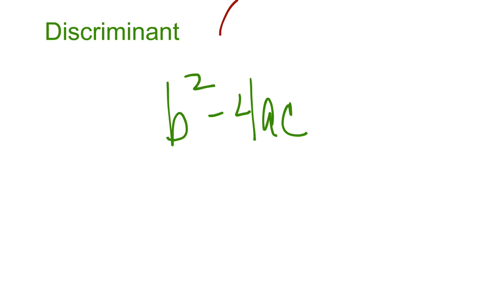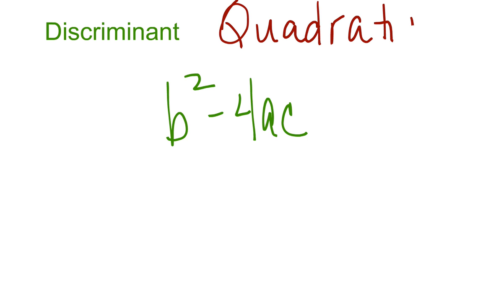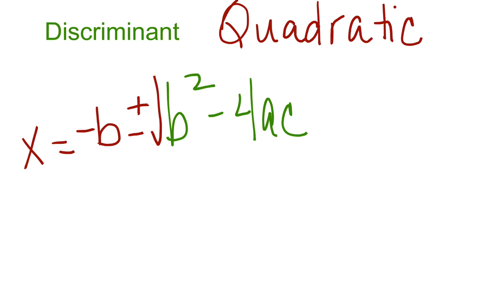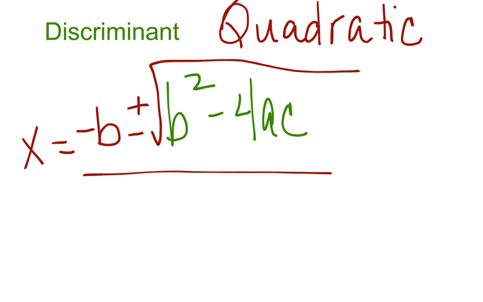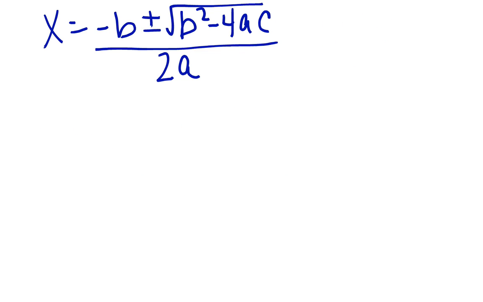Well, the quadratic formula is just a little bit more added to this, where x is equal to negative b plus or minus, because we're going to take the square root of the discriminant, and all of that is over 2a. Remember, our x is going to give us our roots.